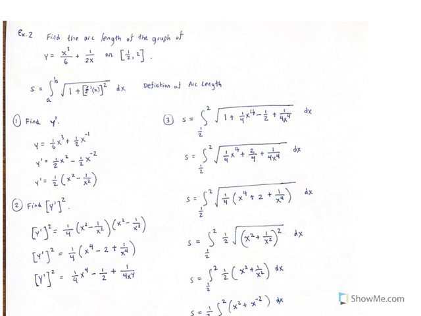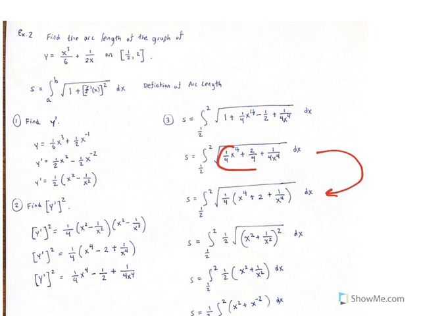So the next thing that you want to do is look at the integrand, specifically the radicand, and simplify. You have 1 minus 1/2. 1 minus 1/2 is 1/2, which you can write as 2/4. So that's what I've done here. And the next step will be as follows.